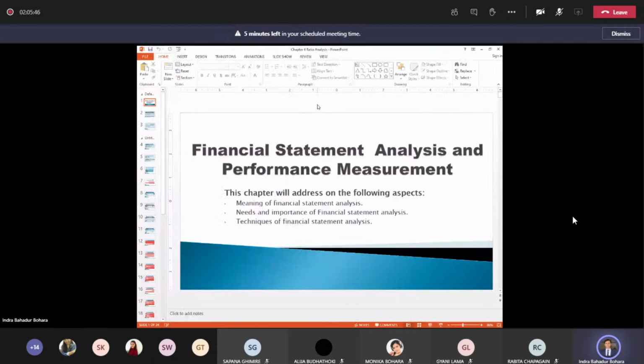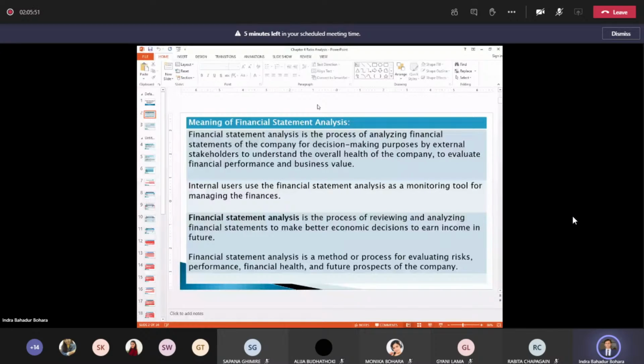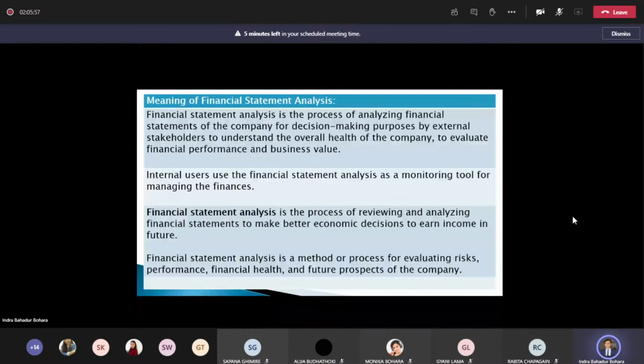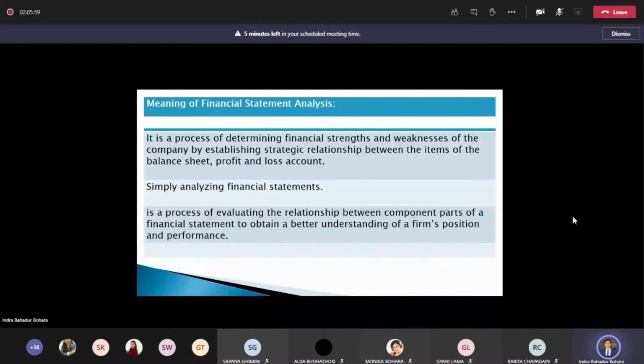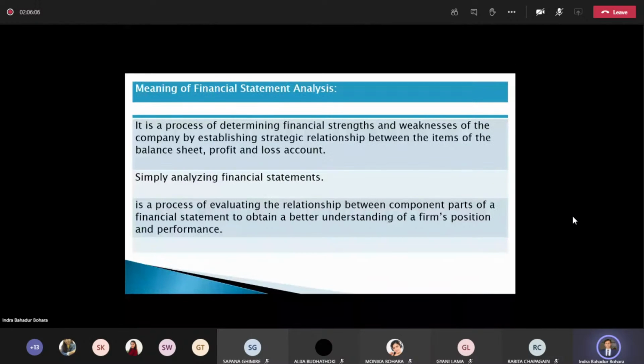So in a simple sense, financial statement analysis is analysis of financial statements. The act of analyzing the financial statements is known as financial statement analysis.